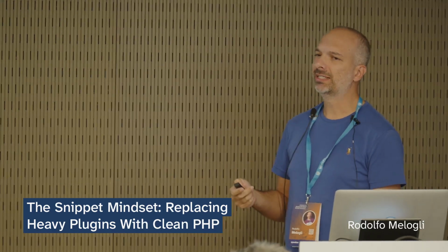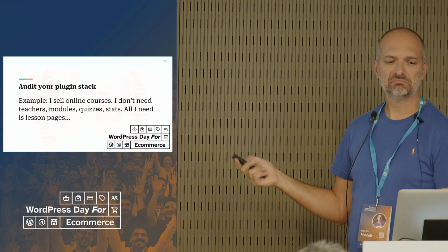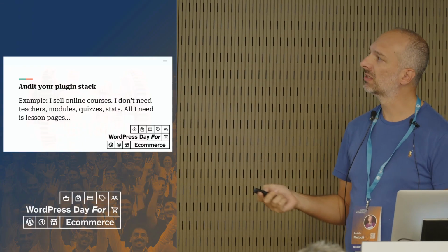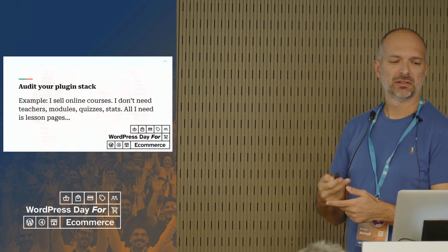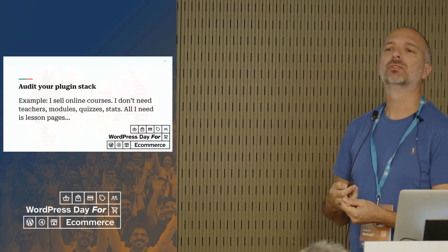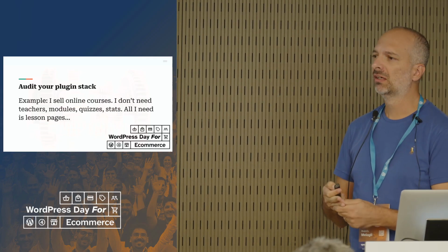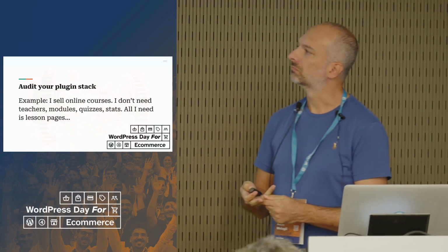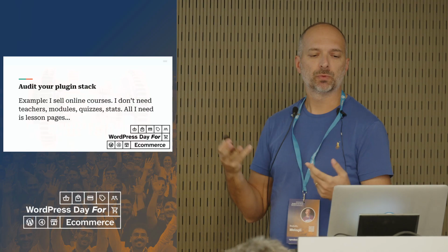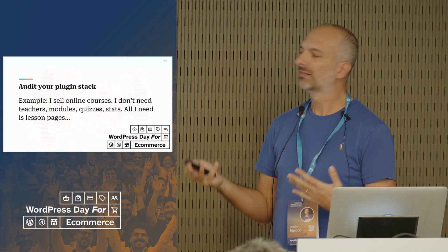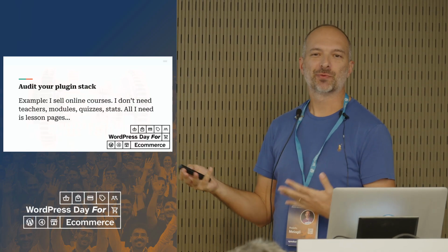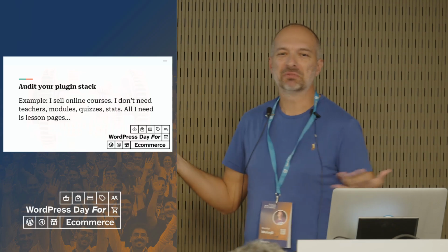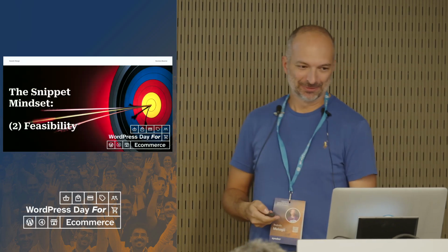Do I really need an LMS plugin? Maybe not, because I am one teacher. Each course is not divided into modules, just a few lessons. I don't need quizzes and stats and all that kind of stuff, students, whatever. What I need is hiding lesson pages from logged out members, right? That's what I need.